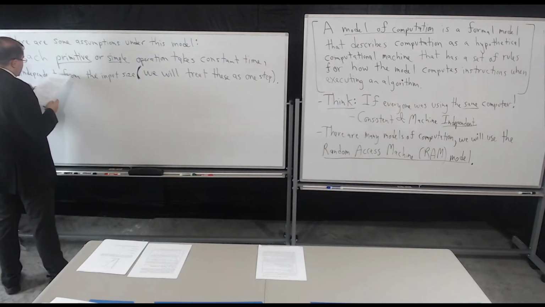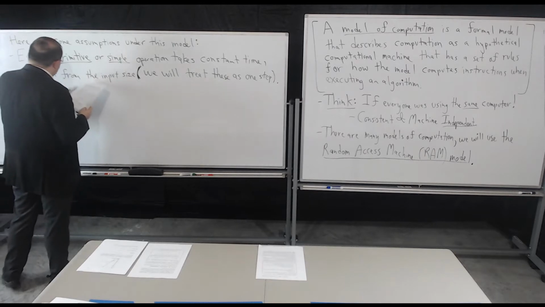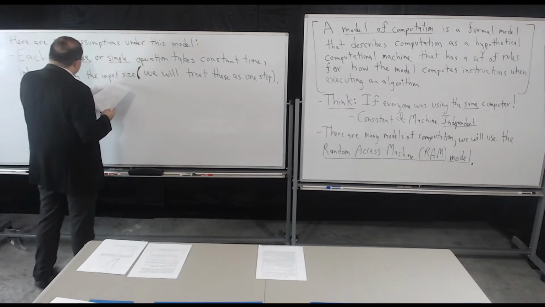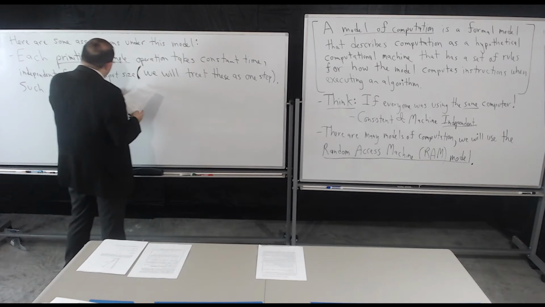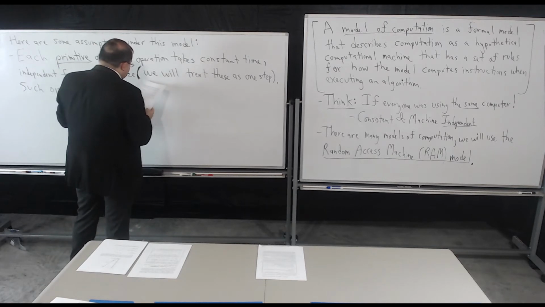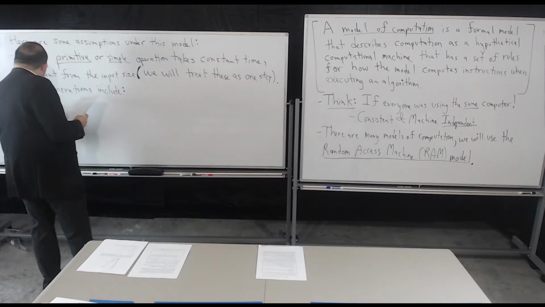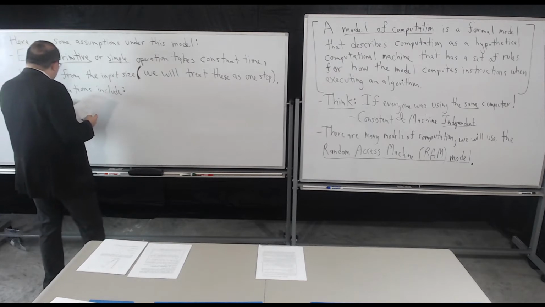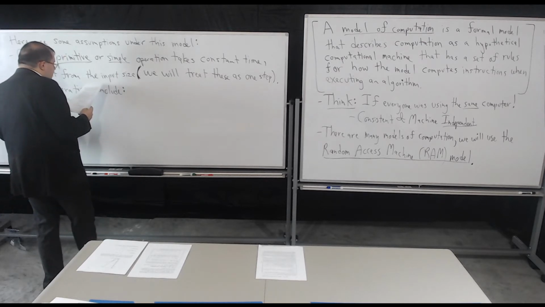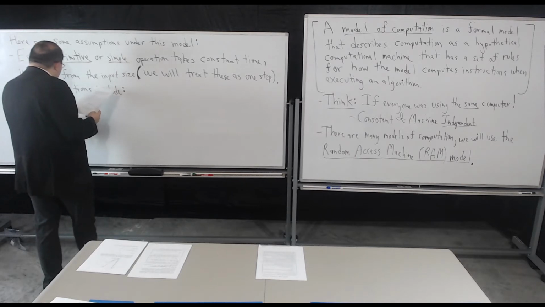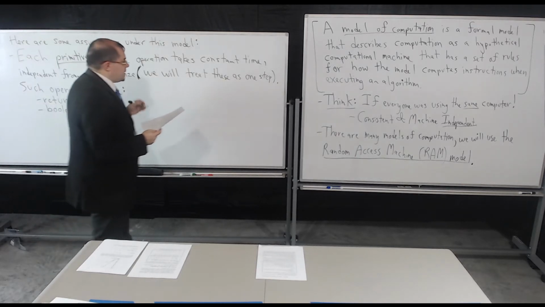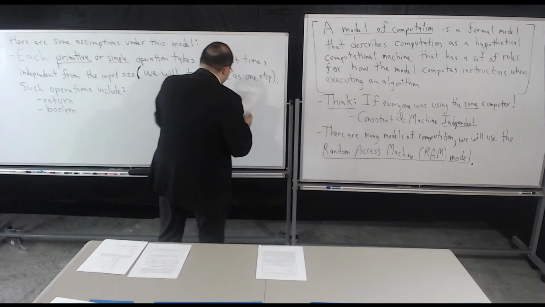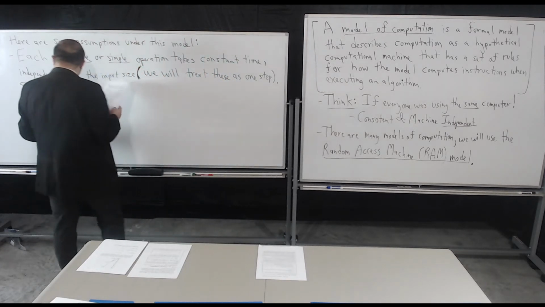Such operations include the following. A return statement, you're familiar with those. If I do a Boolean test, like if I perform a logical test, that's one of the very simple things, such as a comparison.